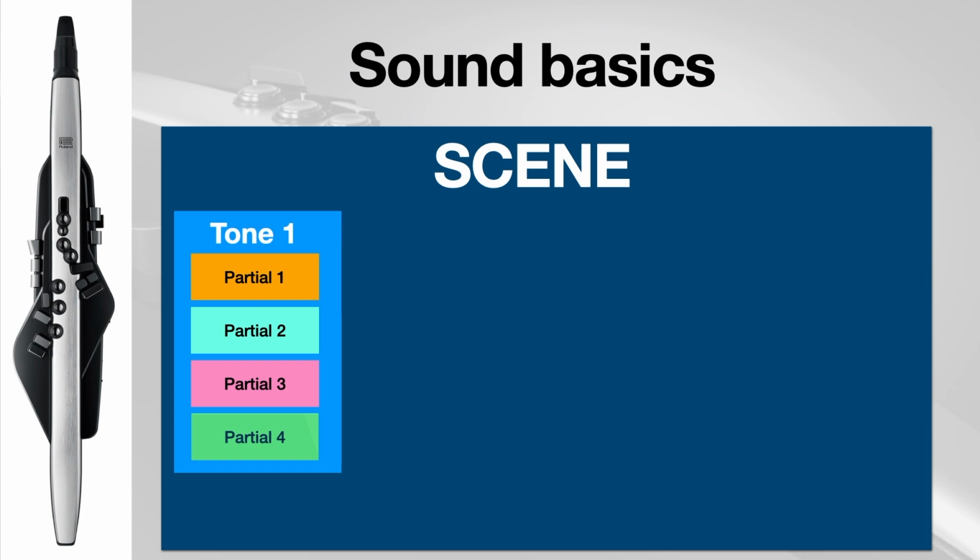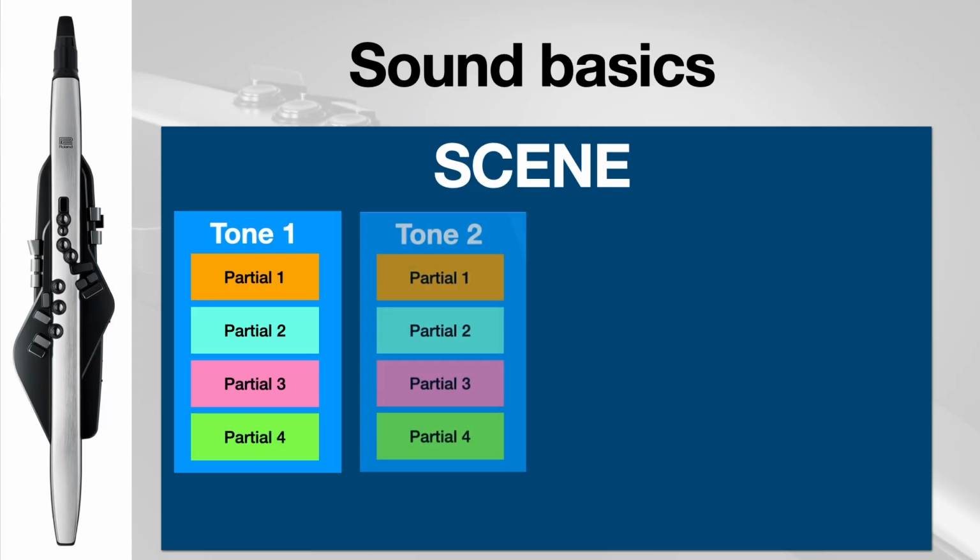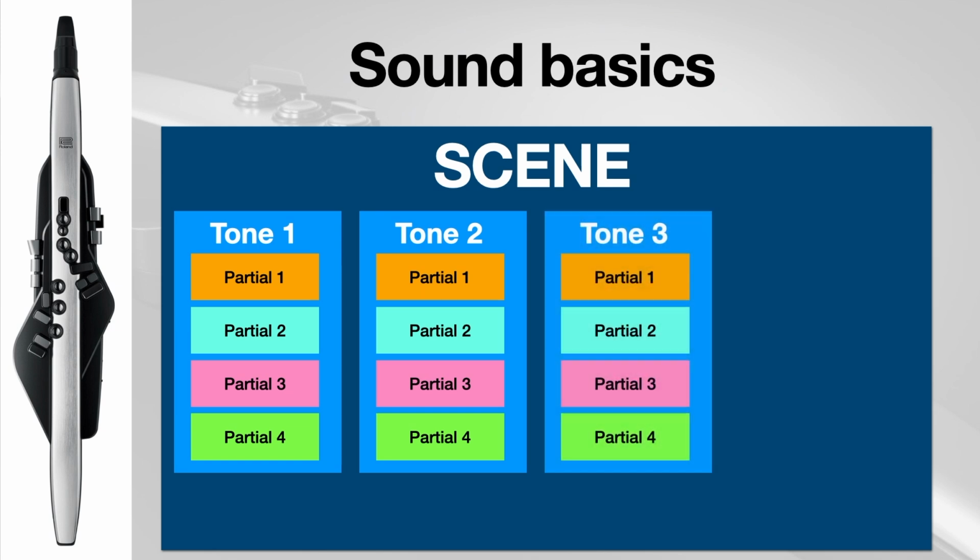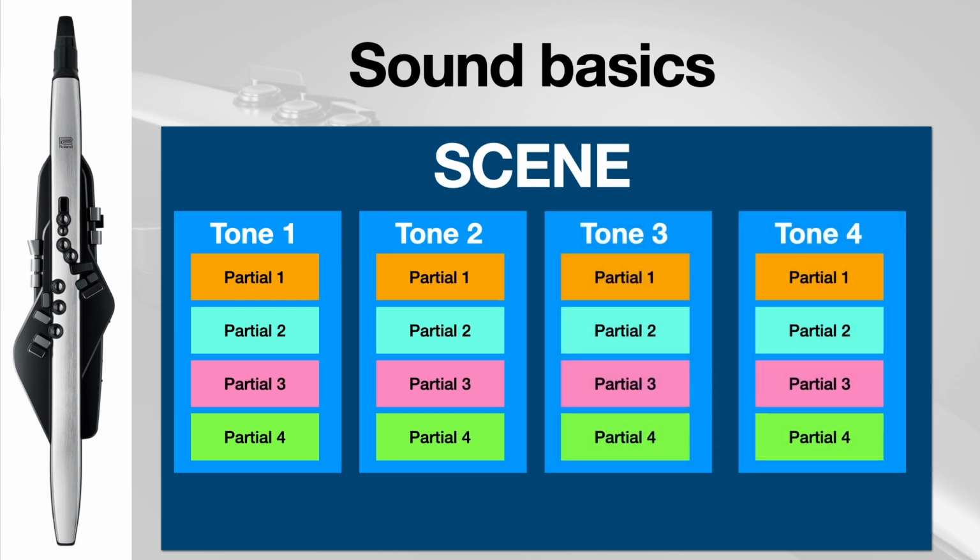You can save, I believe, up to 600 different tones on the Aerophone itself. We're not done yet though, because a scene can be made up of up to 4 tones. That is 16 different partials. It's incredible, okay? Now, just to clarify, these are the tone basics, the scene basics for the Zencore sounds.